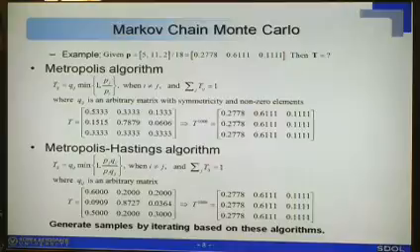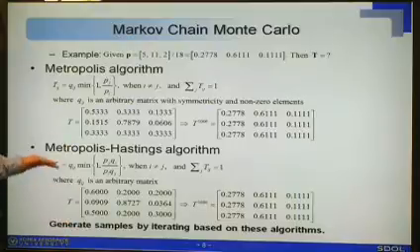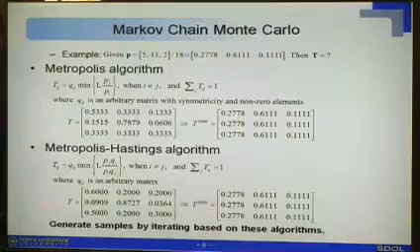And the answer was either of these 2 matrices. One is from the Metropolis algorithm. The other is the Metropolis-Hastings algorithm. And whatever matrix we use, we get the answer. And in view of the Markov process, we'd like to find out what kind of transition matrix T will give us the samples. That was the problem.